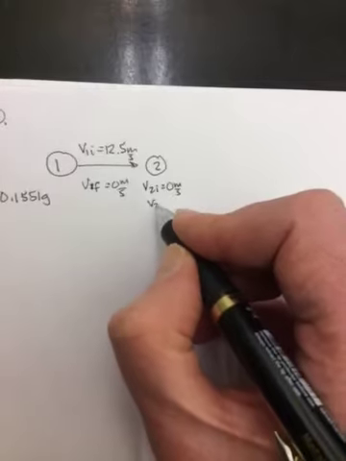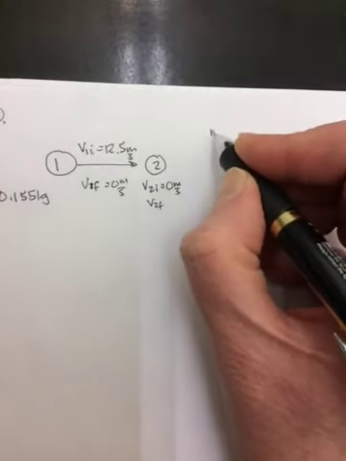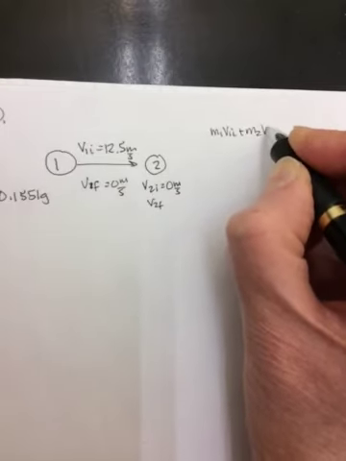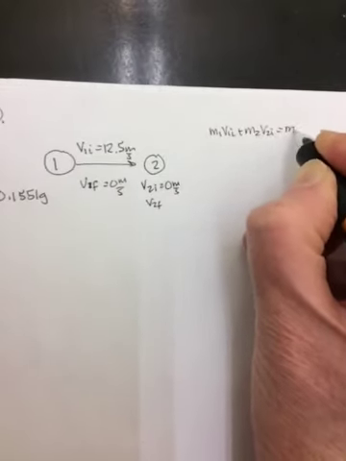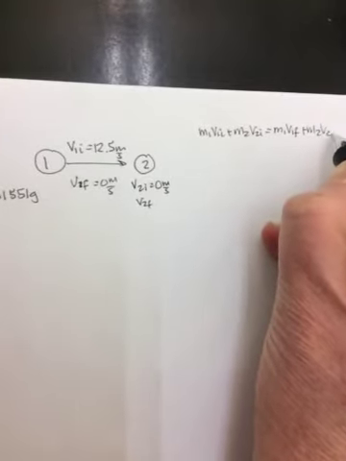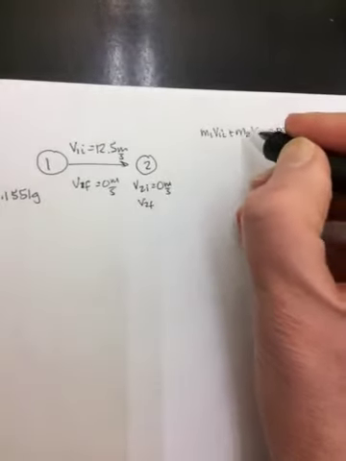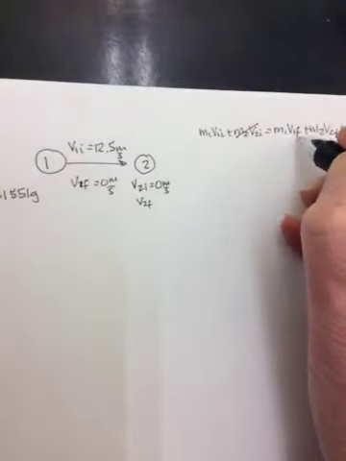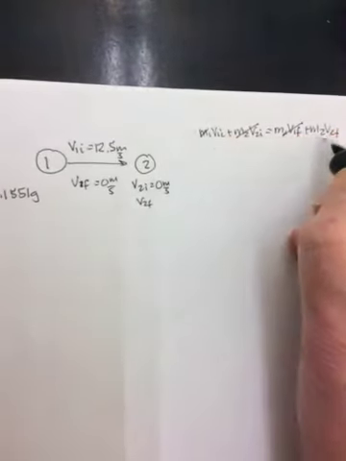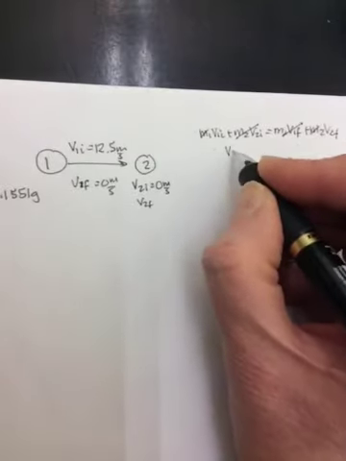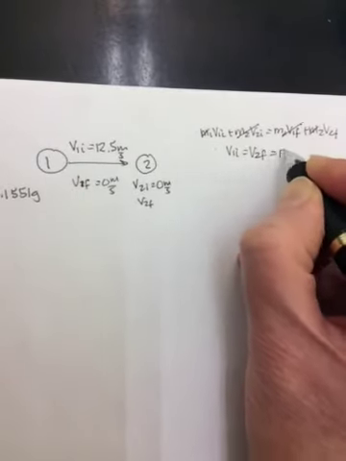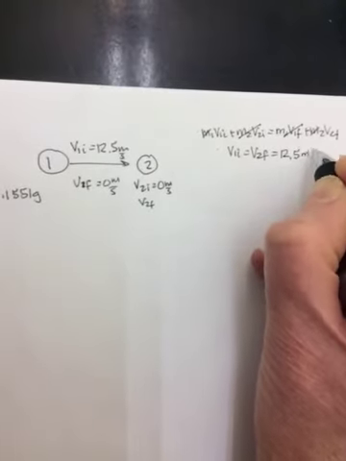And it wants to know what's V2 final. So M1V1 initial plus M2V2 initial equals M1V1 final plus M2V2 final. Initially, the second one is at rest. Finally, the first one is. The masses are equal to each other, so you're left with V1 initial is equal to V2 final, which is 12.5 meters per second.